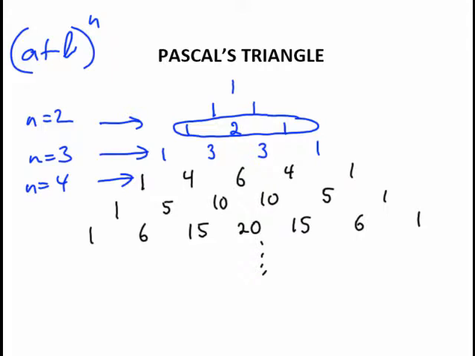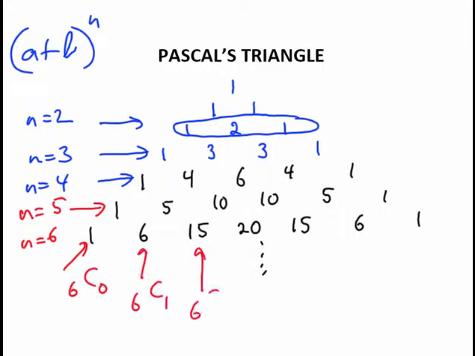And so you would expect, and in fact it's true, that the coefficients for higher powers are numbers found in Pascal's triangle, which, remember, the numbers in Pascal's triangle represented choose values. So when I get down to n equals 6, the values are 6 choose 0, 6 choose 1, 6 choose 2, etc.